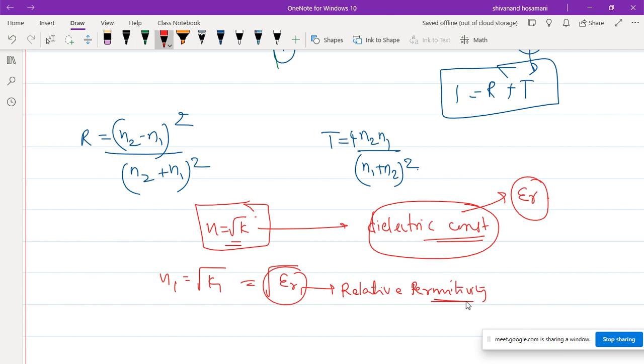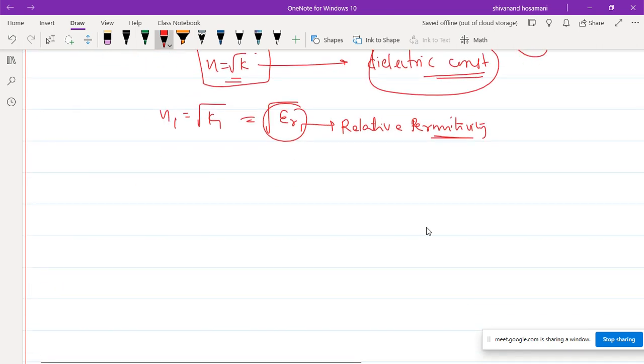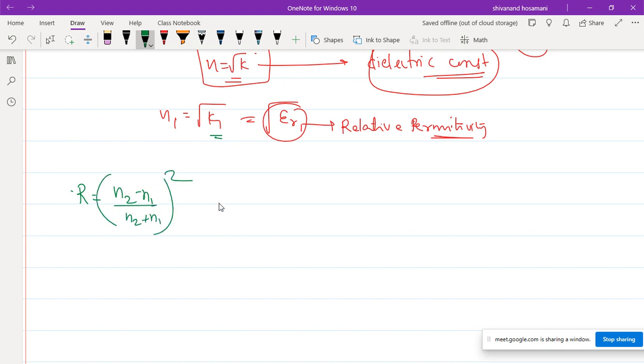Therefore, here we can write the transmission coefficient again in terms of k1 and k2. The reflection coefficient is n2 minus n1 divided by n2 plus n1 whole square. I can replace this term: R is equal to root over k2 minus root over k1 divided by root over k2 plus root over k1, that whole square.